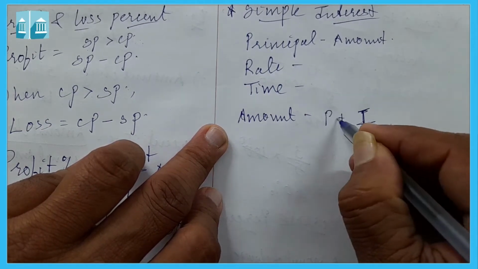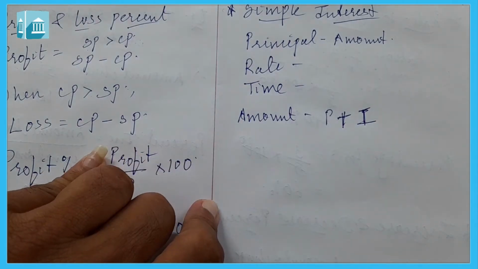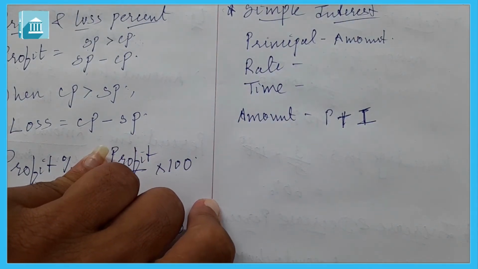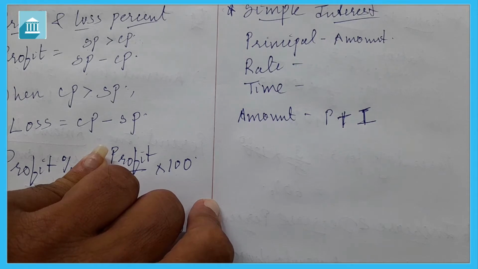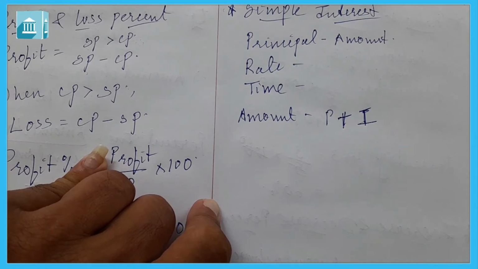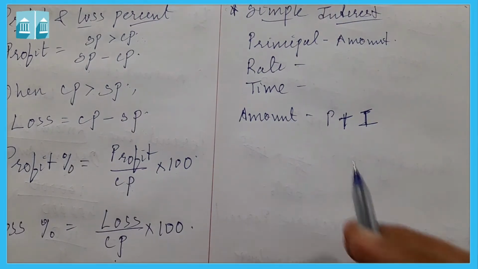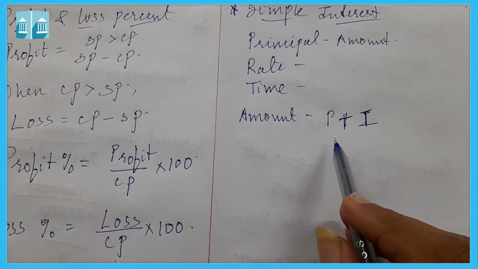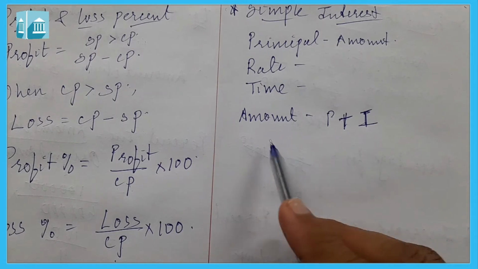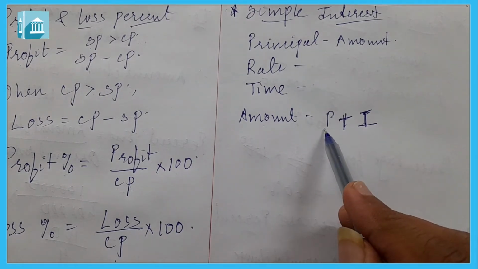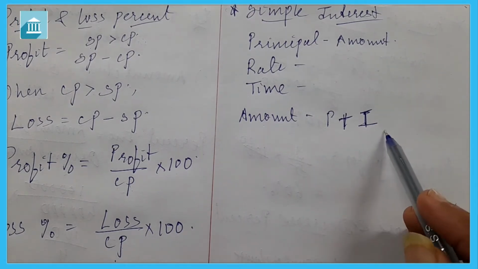Today you deposit 1 lakh rupees. After 1 year, if you are getting 1,10,000 from the bank, then 1,10,000 is your amount. 1 lakh was your principal, 10,000 was your interest.